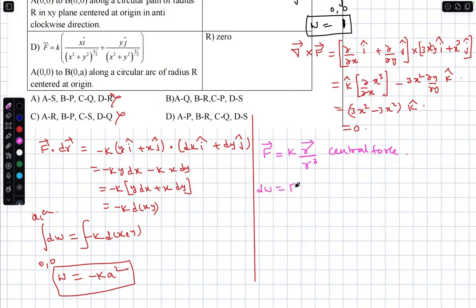dw is F bar dot dr bar, which is k x dx by (x square plus y square) to the power three by 2, plus k y dy by the same.